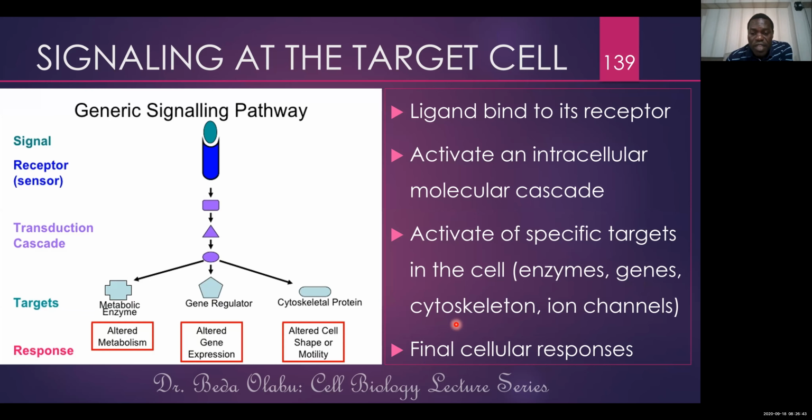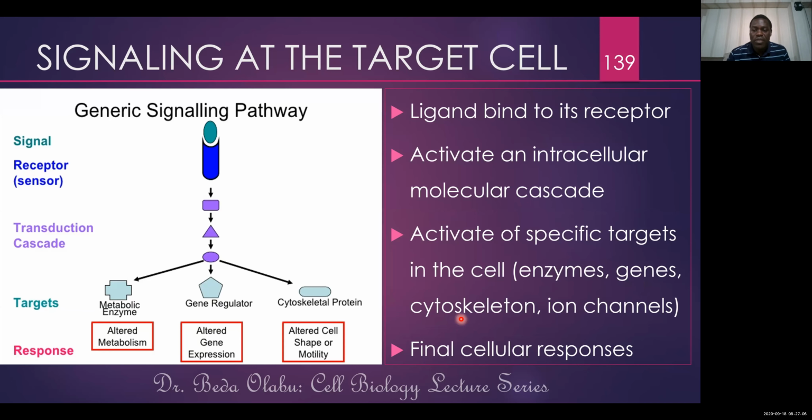If it is the cytoskeleton that is activated, then you may have, let's say, movement of the cell, because the cytoskeleton is responsible for motility in the cell. One of their functions is movement. It could be cell division, because microtubules are important in cell division.